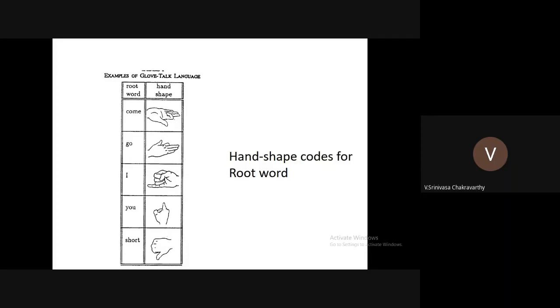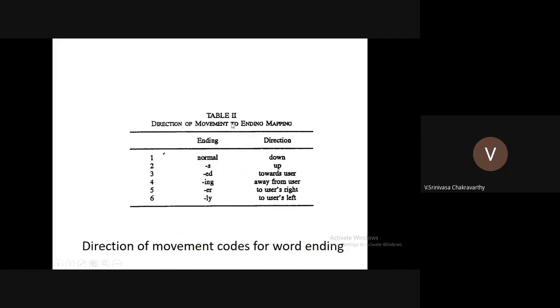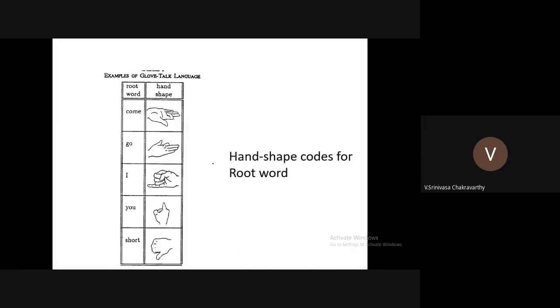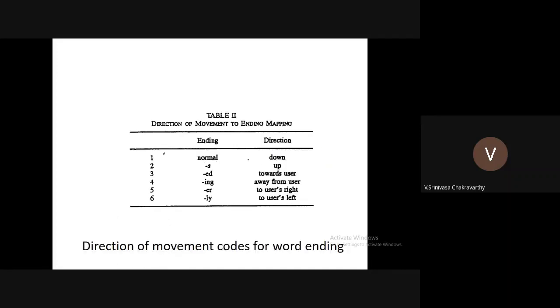This hand shape codes for the root word, and then they use a separate representation for certain word endings. Normal means there's no separate ending, and that is indicated by the direction of motion. So the hand shape represents the root of the word, whereas the hand motion direction represents the ending.